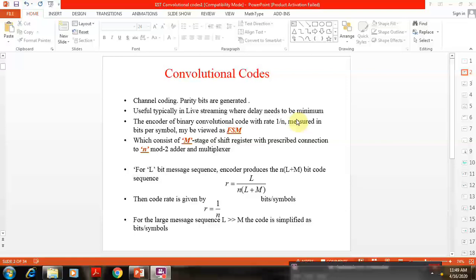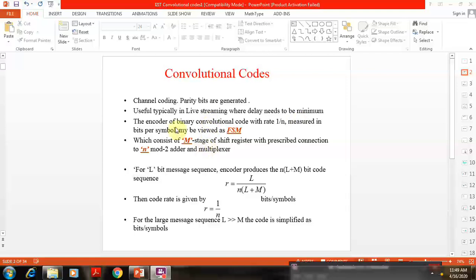We are going to implement convolutional codes with the series of flip-flops, which is typically a shift register, and as and when we receive the input bit, we are going to generate the output of a convolutional encoder which will have parity bit included in this. So there is no delay involved for buffering of the particular message.